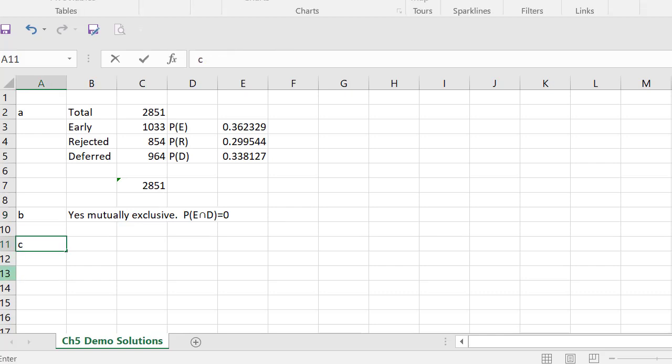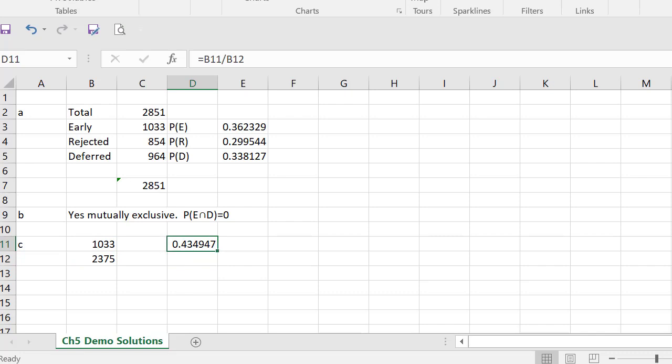For part C, it says, for the 2,375 students who were admitted, what is the probability that a randomly selected student was accepted during early admission? So for early admission, we had 1,033, and we will use this number, that's the ones that were admitted. So the probability then is this number divided by this number.